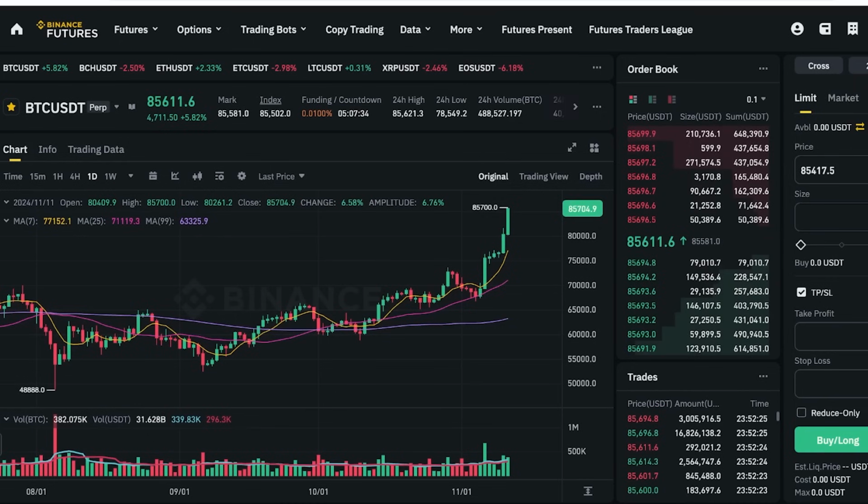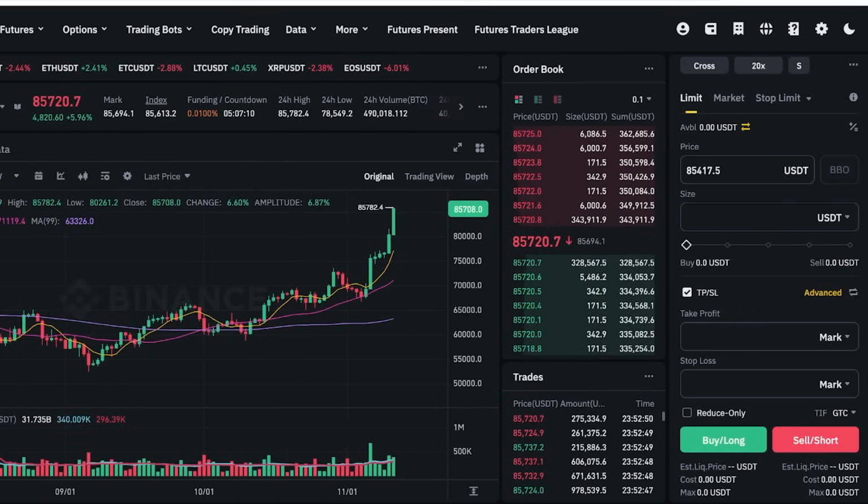Using this really makes sense whenever the market is very volatile, because we're giving the system a price range it's allowed to open our position in. If we just use a normal limit order, the system is only allowed to trade at our specific entry price. With a stop limit order, the system is allowed to take the best price within the price range that we have set. So this allows you to get the best prices in a volatile market as well.